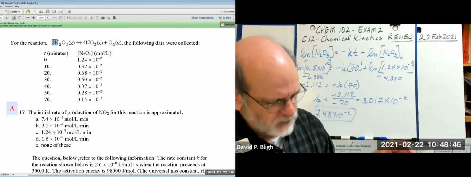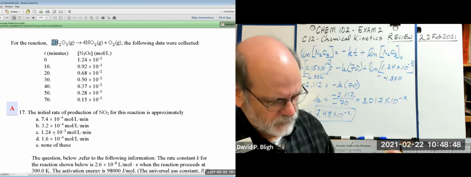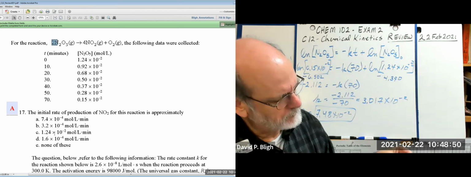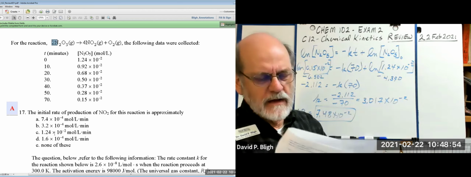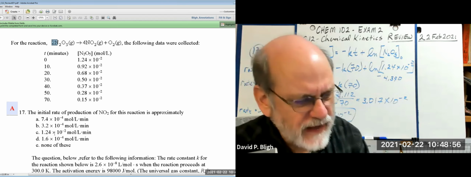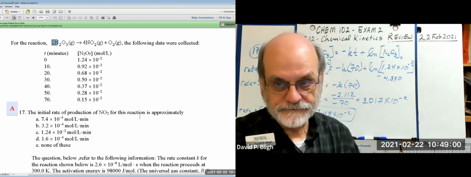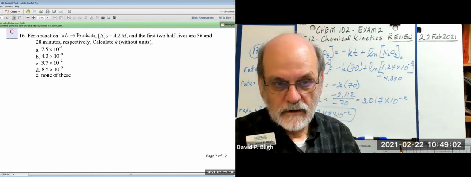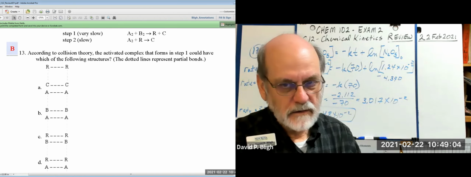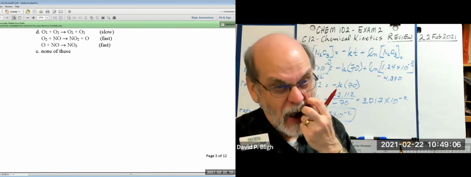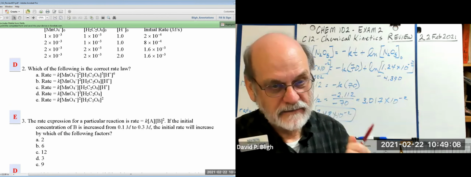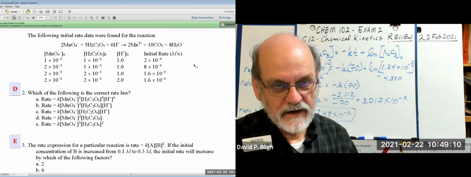Or is there a simpler one? Yeah. Let's skip 15. Let's go back to number 2. I think number 2 would be a lot easier. There we go. There's 2.